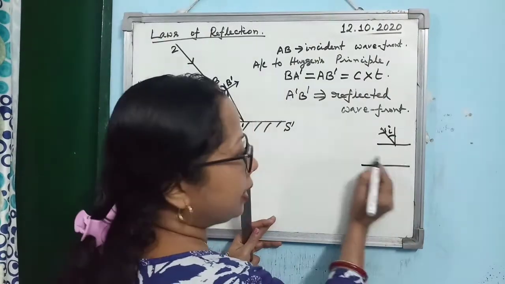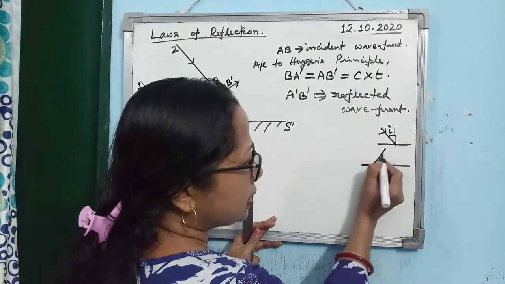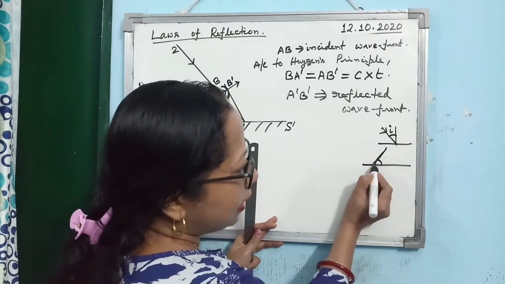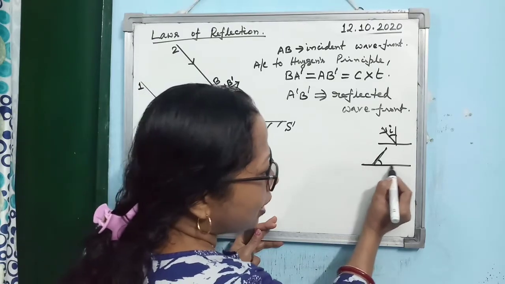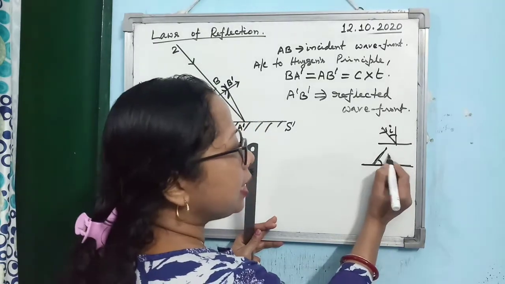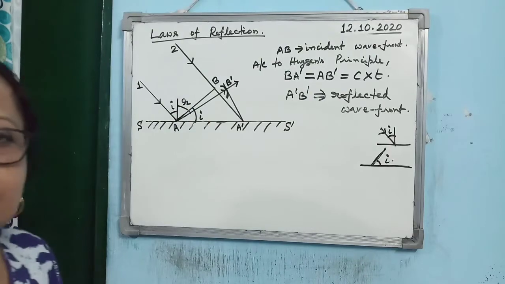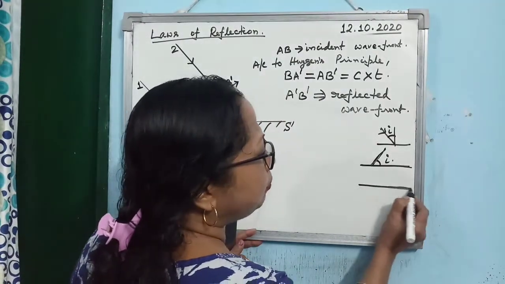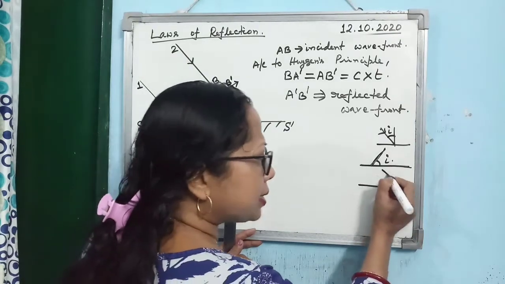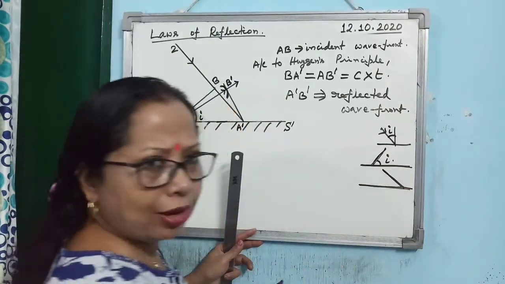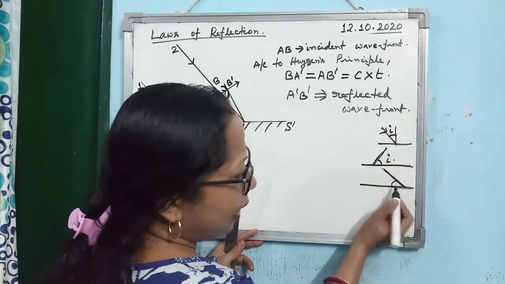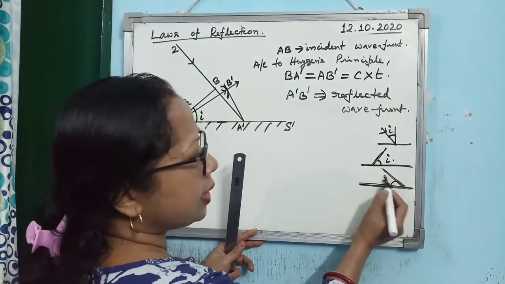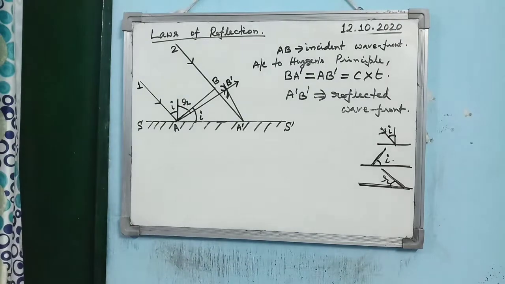If this is the reflecting surface, and this is the incident wave front, then the angle made by the incident wave front with the reflecting surface is the angle of incidence. Is that clear? Similarly, suppose this is the reflecting surface and this is the reflected wave front, then the angle made by the reflected wave front with the reflecting surface is the angle of reflection.